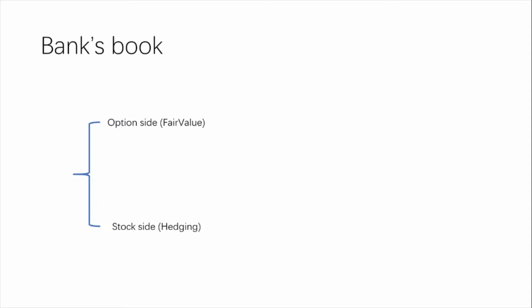So these two offset each other. On the option side, the bank might lose money, but on the stock side, they will make money. So the stock side will compensate the loss from the option side.